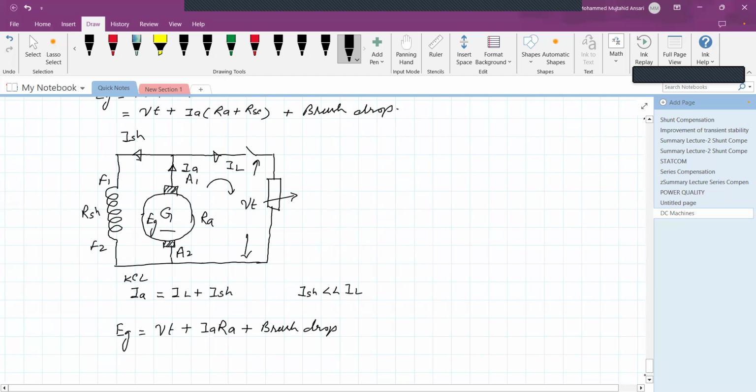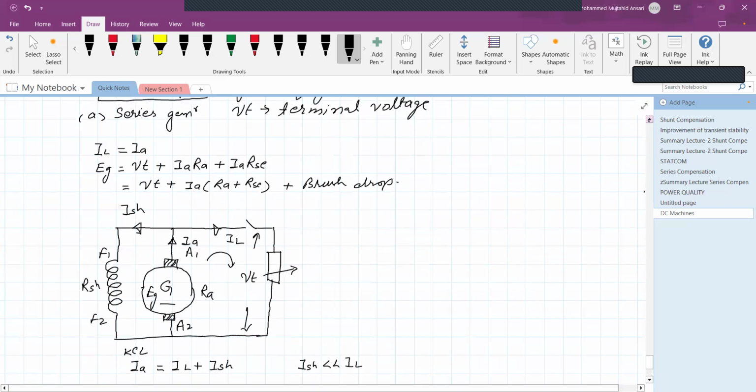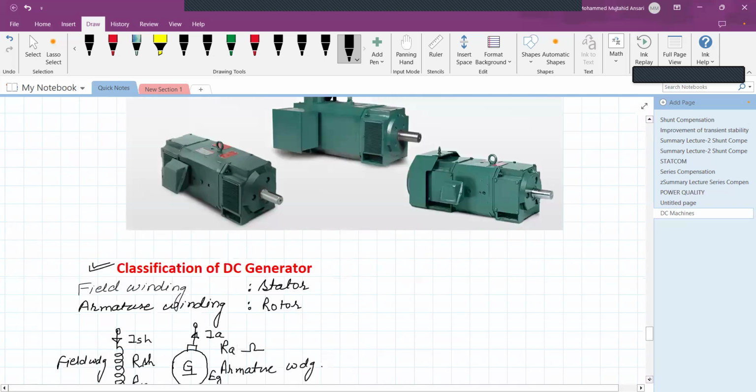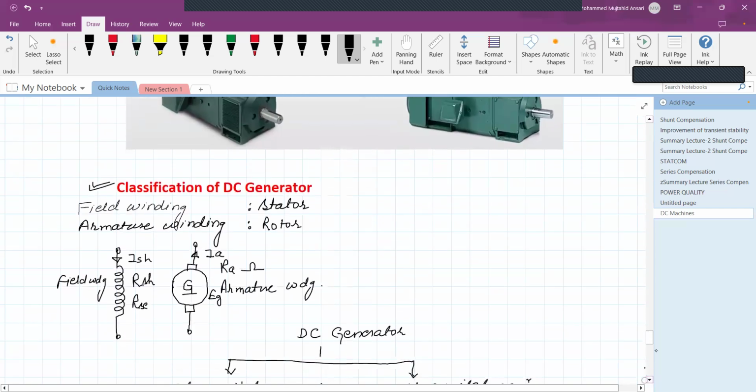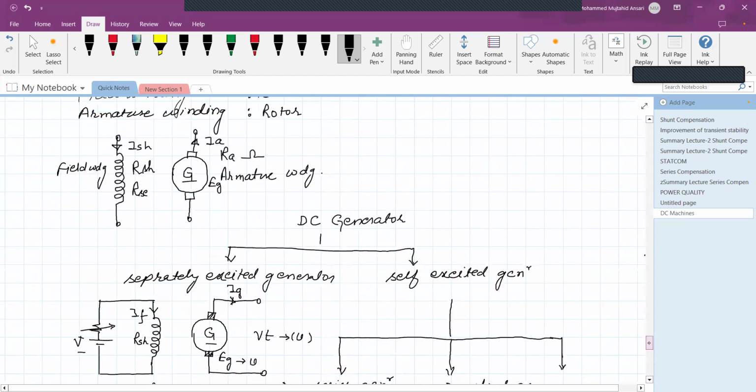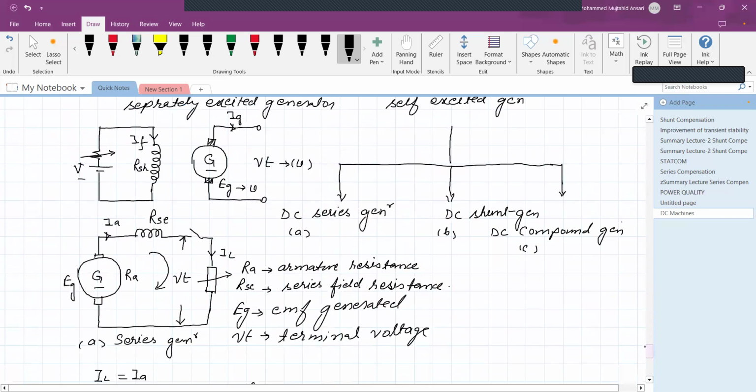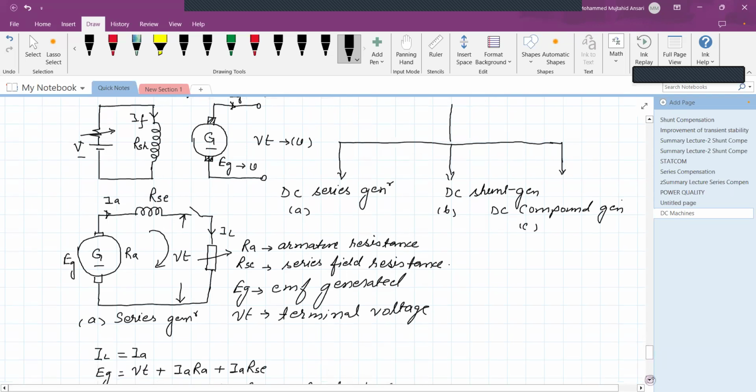Sometimes it is not given, so we'll consider it as a 0 value. So this is the equation for the DC shunt generator. For the DC shunt generator, the field winding is independent of the load, whereas in the case of the series generator, as the load increases, the current in the field winding also increases, and it will produce more flux over the periphery of the armature, isn't it?